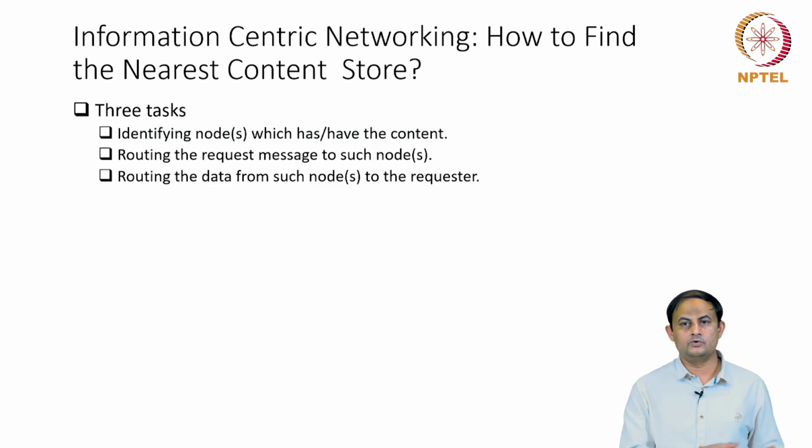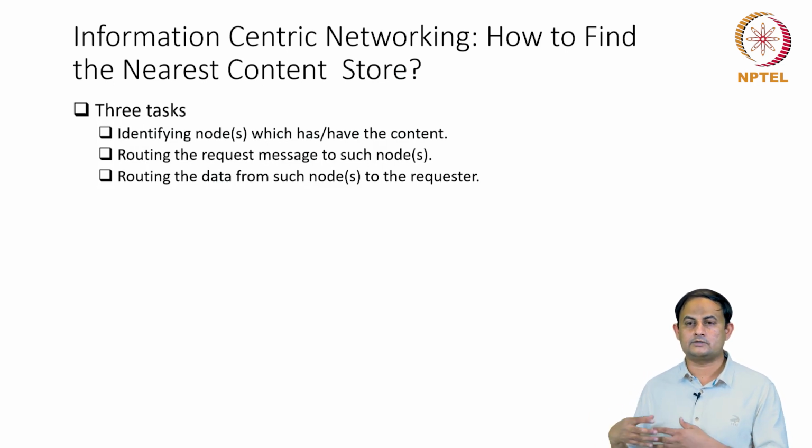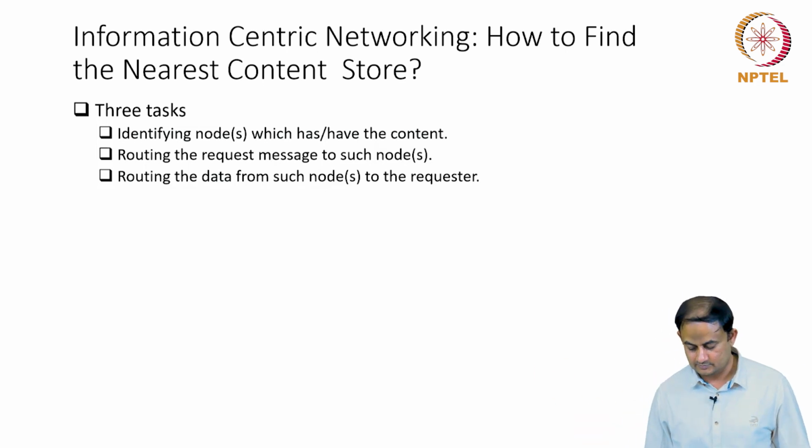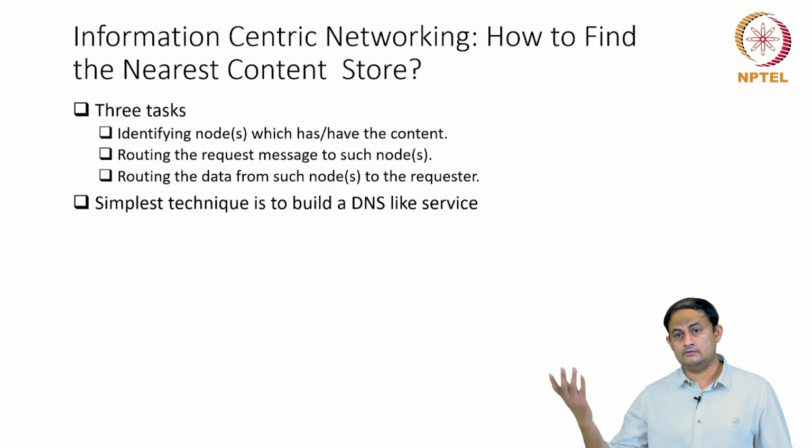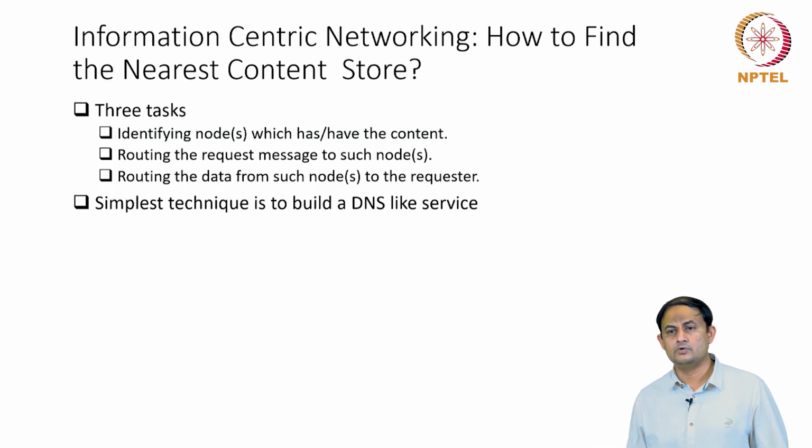Whether they have stored the content or not, these routers keep exchanging that information at periodic intervals, based on which other routers will know that a particular content exists in the network.